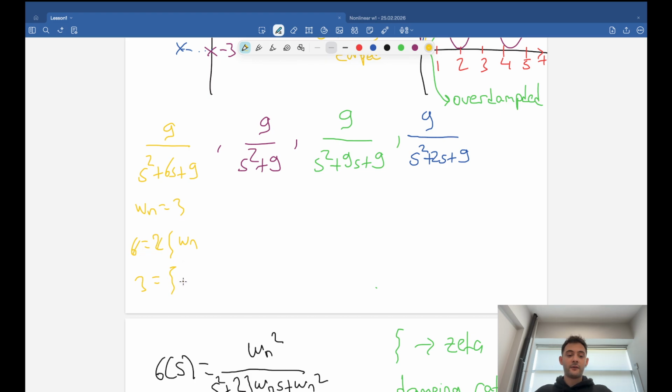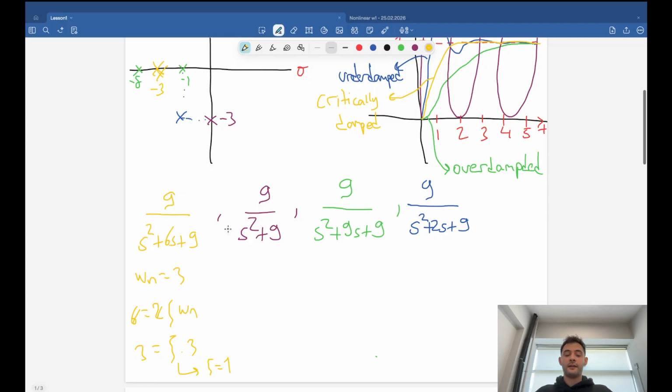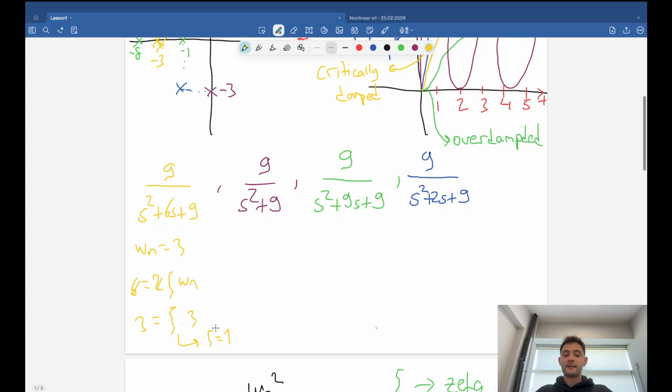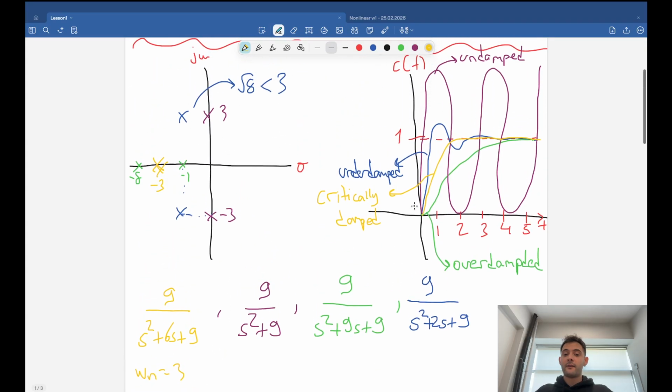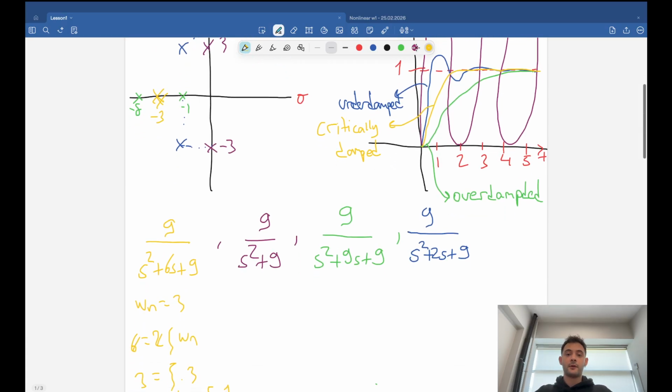Zeta omega n was 3. So I can say my zeta is 1, right? So here we can sense something. If we have zeta as 1, we will have a critically damped response. Okay? Let's move on to the purple one.